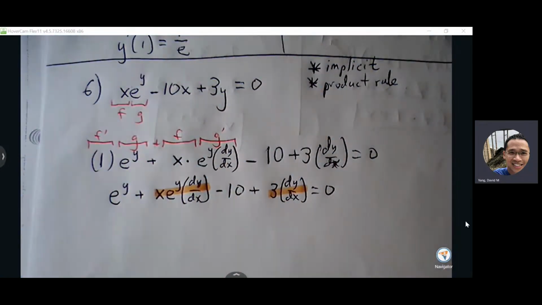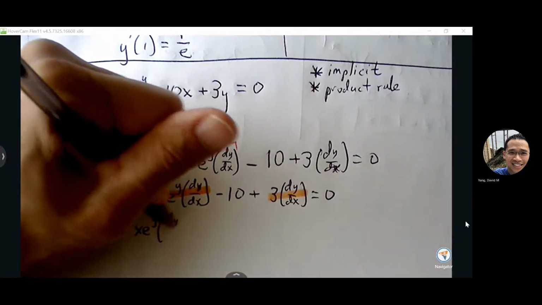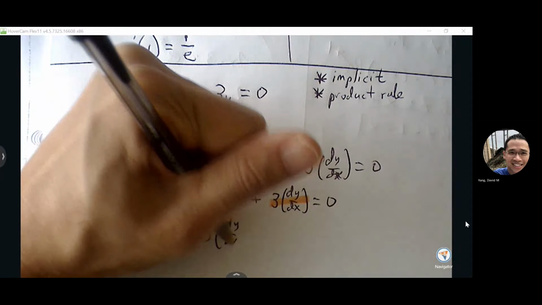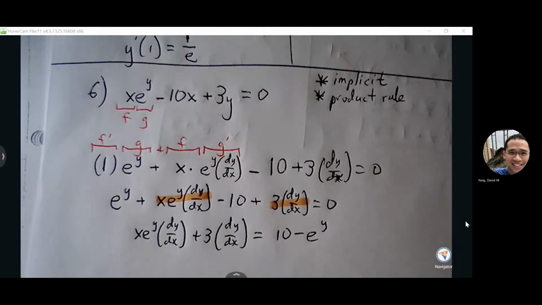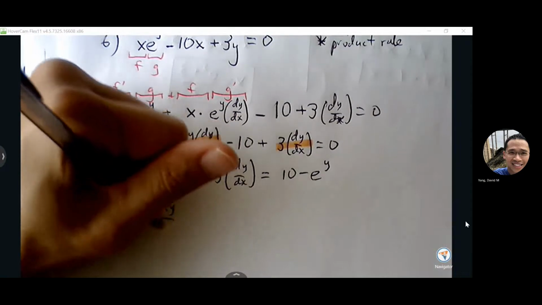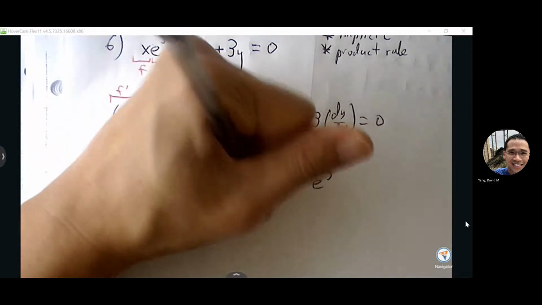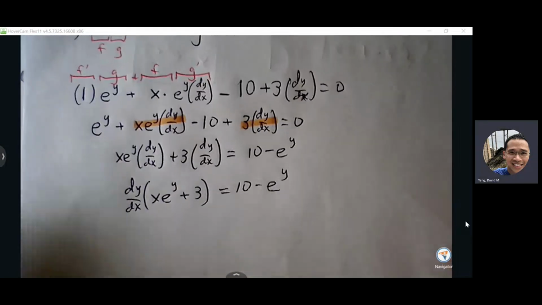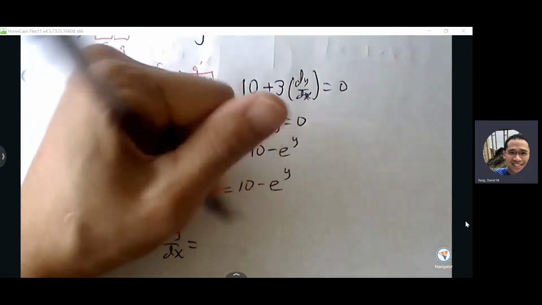So I'll group those 2 on the left side. That way I can factor my dy dx out. So once I have that factored out, I can isolate my dy dx variable, derivative variable, by dividing the parentheses over.